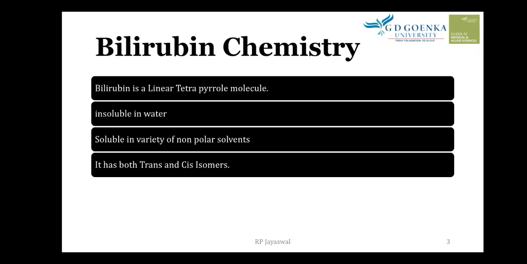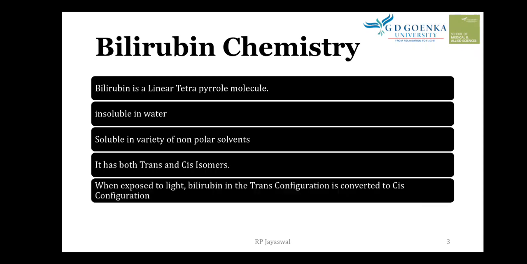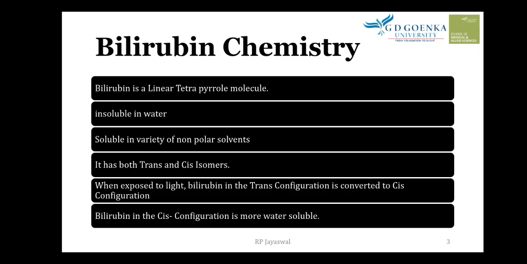When exposed to light, the trans configuration is converted to the cis configuration. Bilirubin in the trans configuration is more water soluble.